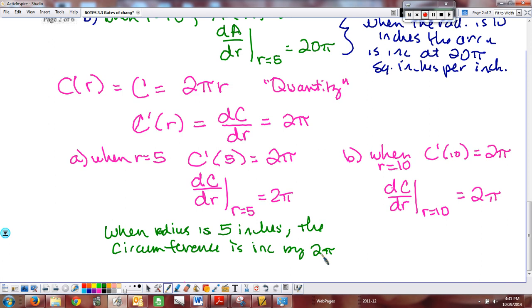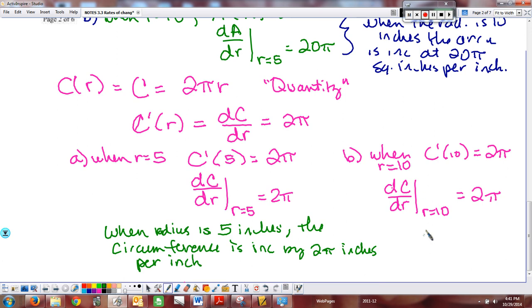It's basically the same units as your radius. So it's increasing by 2 pi inches per radius inch, per inch. And I know that looks weird, inches per inch, but that's what the units are. Your change in your circumference inches per change in your radius inches. And that's not coincidental that you have inches per inch, and that's a constant because 2 pi is the same no matter where you are.